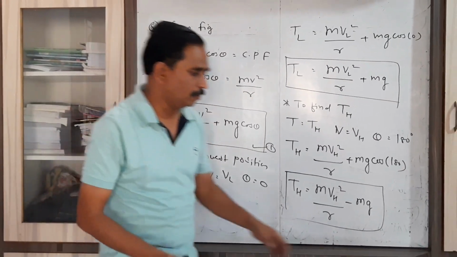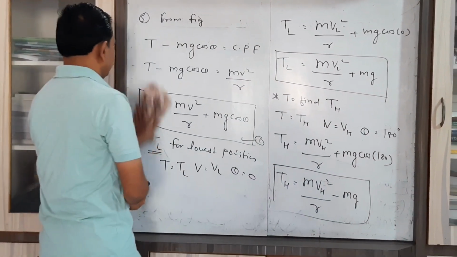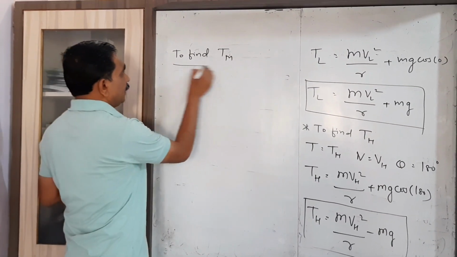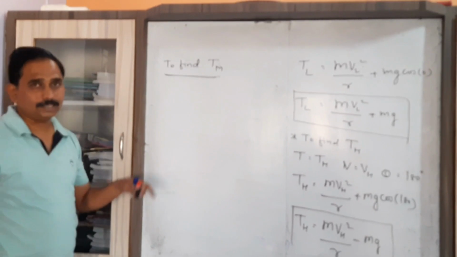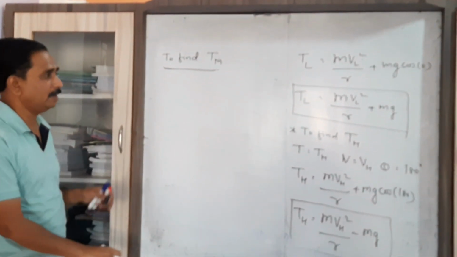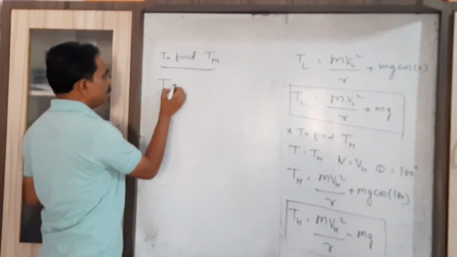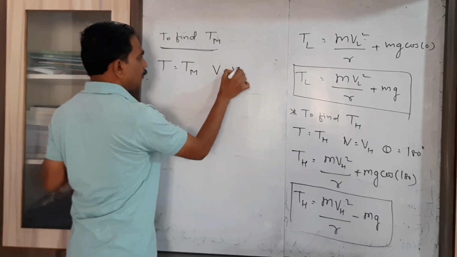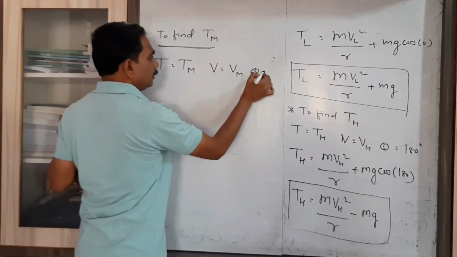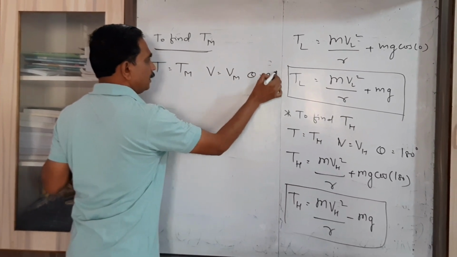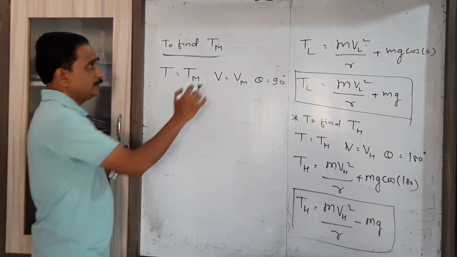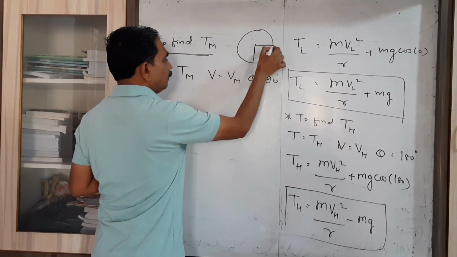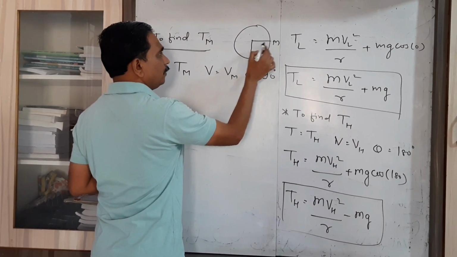Now consider one more position, that is the horizontal position or middle position. Again put the values T equal to Tm, V equal to Vm and theta equal to 90, when that body reaches the middle position from lowest to horizontal.